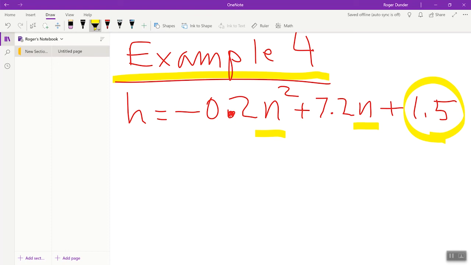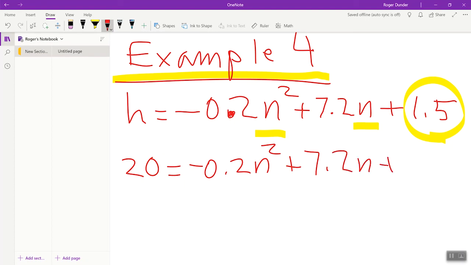Now, our problem is to find when, after how many years, will 20% of the households have high-speed internet. So what we're trying to find is when does this thing equal 20? 20 equals negative 0.2 n squared plus 7.2 n plus 1.5.